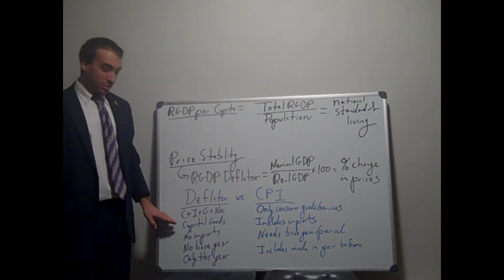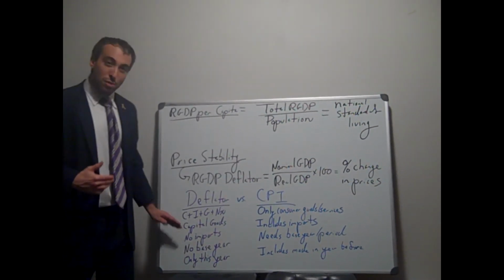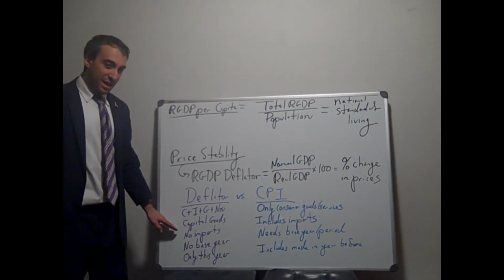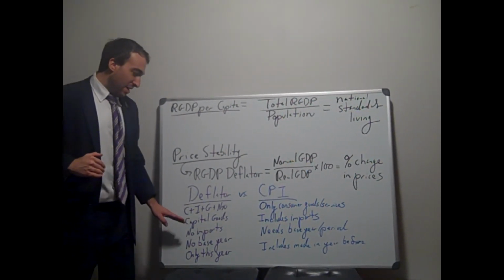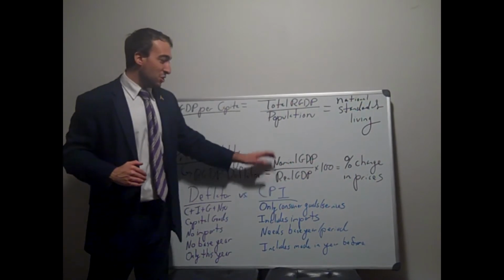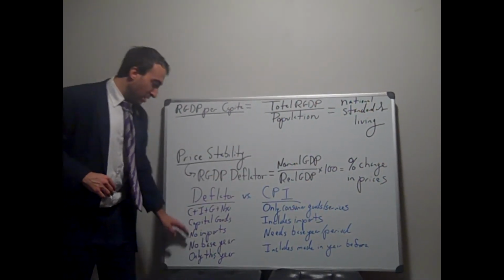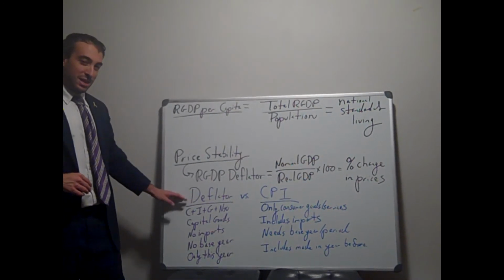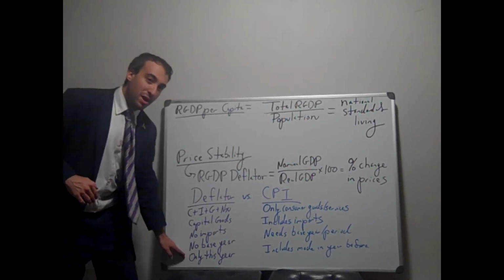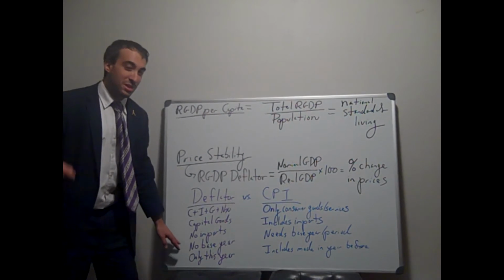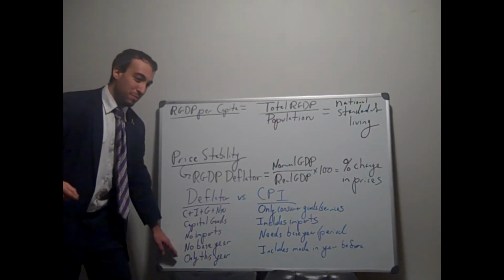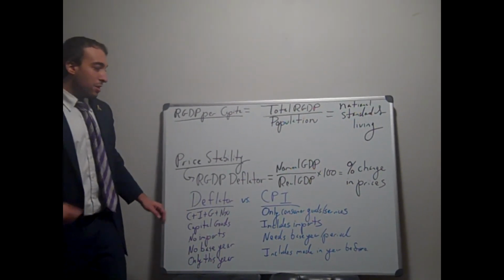It includes capital goods and no imports. Imports are excluded from GDP. There's no base year needed, formula-wise. It's all within the current year. And because it is C plus I plus G plus NX, it is only products that are made and sold this year. It has to meet those requirements of whether it is counted or not.